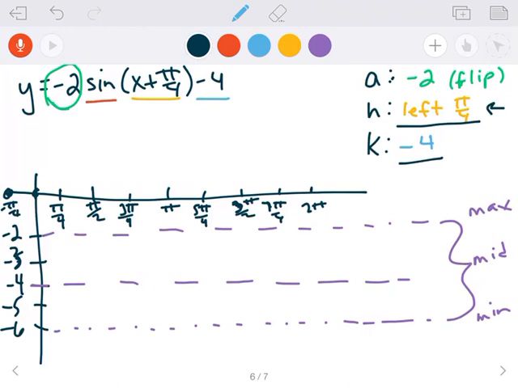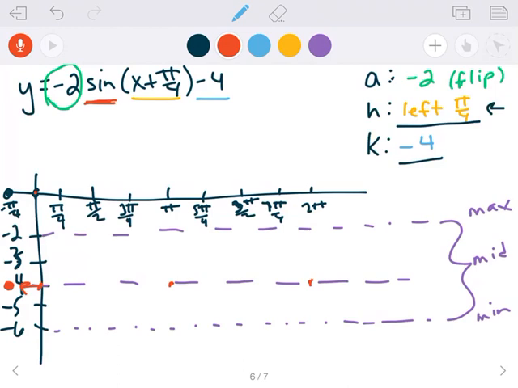Now we're going to mark in our values. So if we were doing the basic parent sine graph, we know we'd normally start at 0, but our graph has been shifted down 4. And it's also been shifted to the left. So the normal midline points would be at 0, pi, and 2 pi. But since we have to shift everything left pi over 4, we're going to have a point at -pi over 4 as our start.